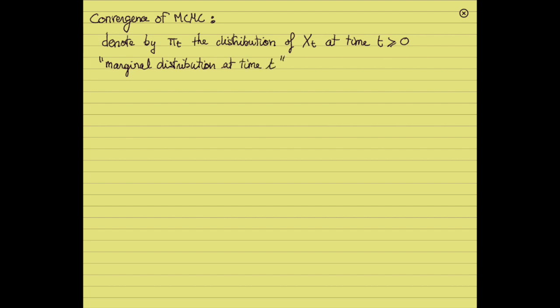This marginal distribution can be defined recursively, where the recursion writes pi t as an integral of pi t minus 1 multiplied by k. And that's integrated over xt minus 1. So this integral is not often tractable, but we can at least write it in the form of an integral. We cannot often compute exactly what pi t might be.